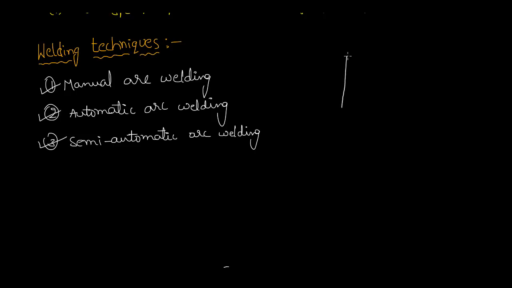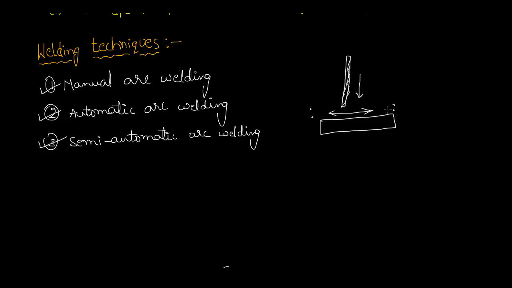Take it as an electrode and a workpiece. I am welding from this point to this point, that means the electrode has to move to and fro. So this is the first motion, and if it is consuming, I have to push the electrode towards the workpiece. So this is the second motion.